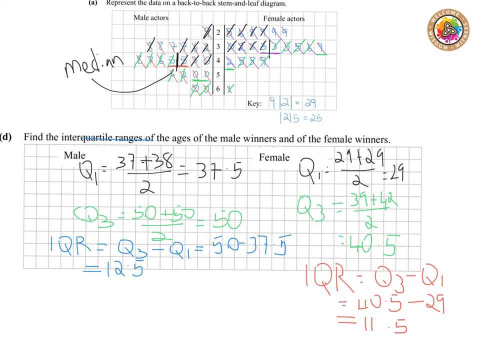Okay, so that's our two interquartile ranges calculated. That's the last part of our question.